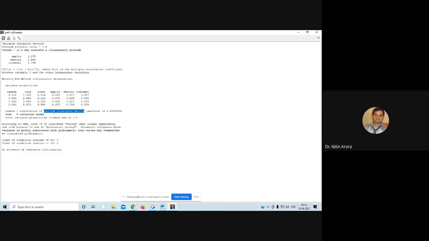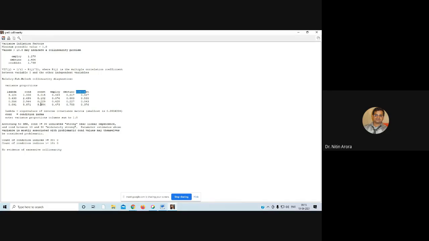So A minus lambda I determinant, put that determinant equal to 0, and for each variable you will be getting some lambda. There are four parameters, so four roots will be present. We have constant, we have employment, we have debt income ratio, we have credit to debt ratio. All the values are given.